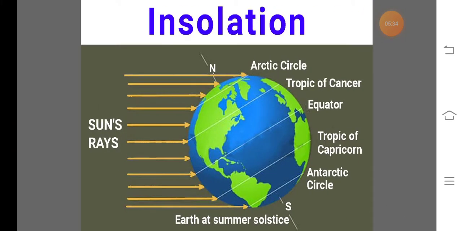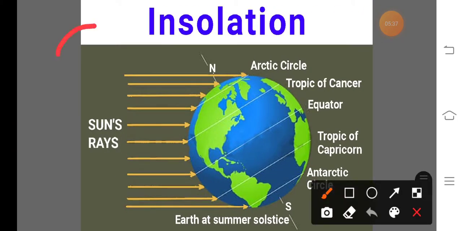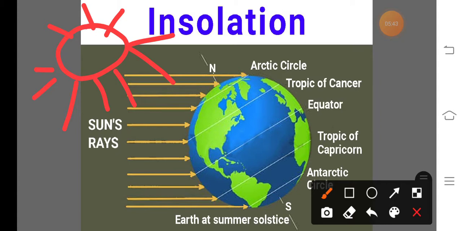Now next, about the insolation. Suppose this is the sun. The sun is the major source which supplies energy or heat to the earth surface, moon, and the different planets, that means stars, moon, earth.